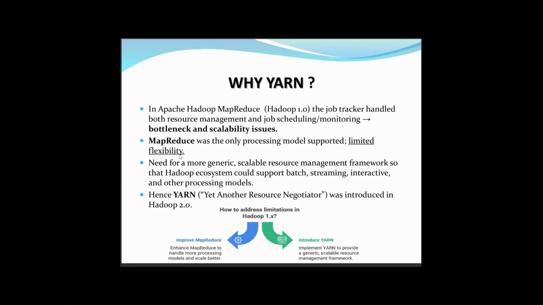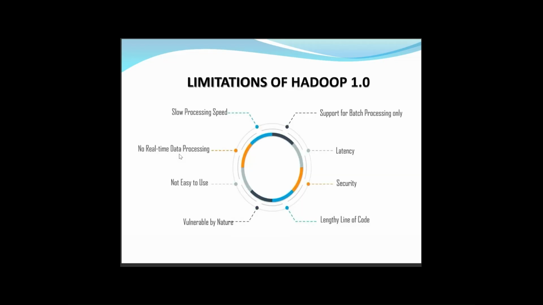So, if YARN was needed, there must have been some limitations in Hadoop 1.0. Let's see them. Before YARN, Hadoop 1.0 worked fine for small workloads, but it had some big drawbacks. First, there was a single point of failure. If the JobTracker crashed, every running job stopped.